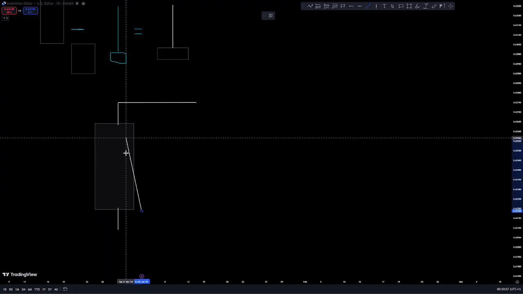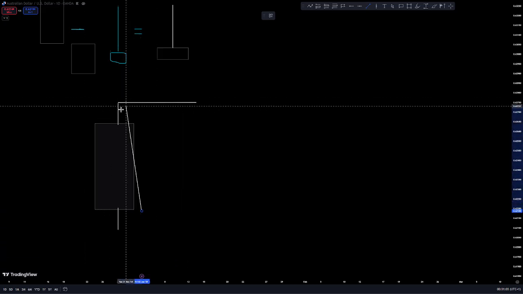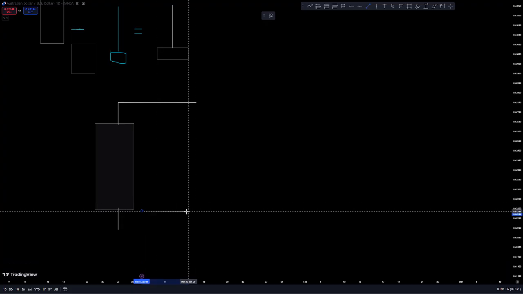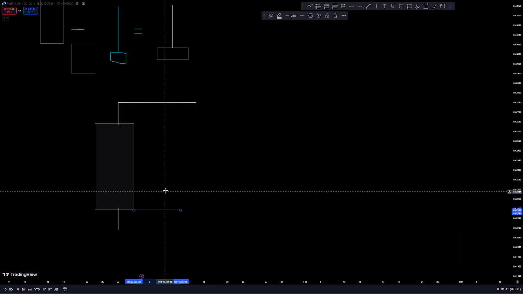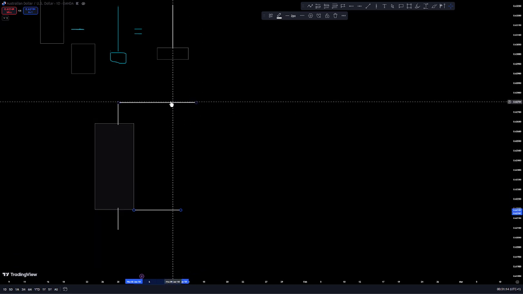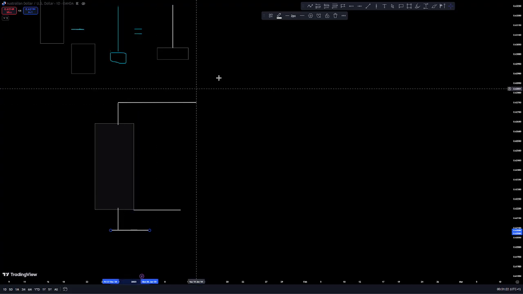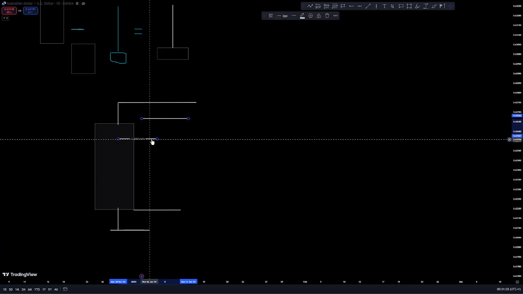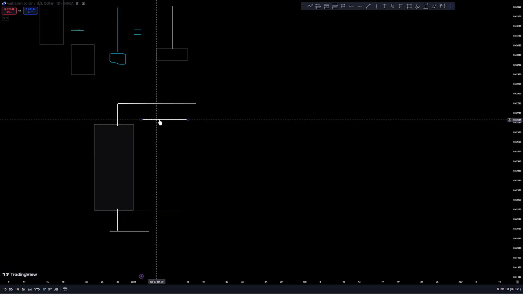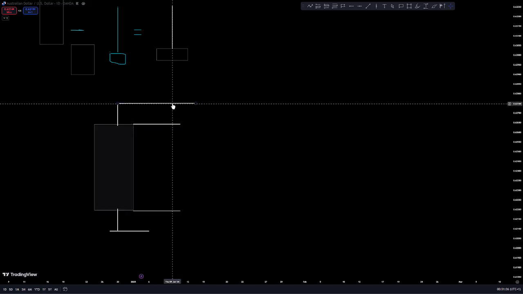The high of this time frame is $10, and it opened, let's imagine, at $5. The low is, let's say, $2, and then it closed at $8. So 2, 5, 8, 10.